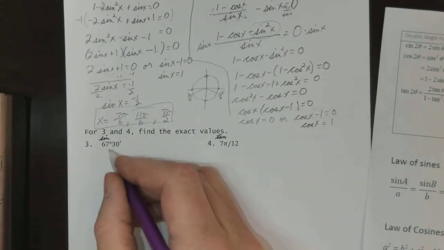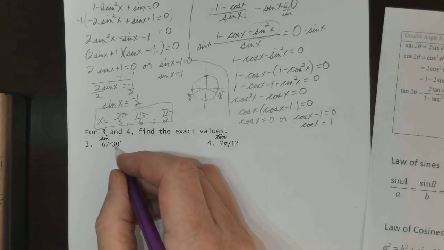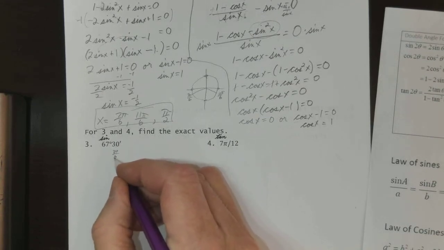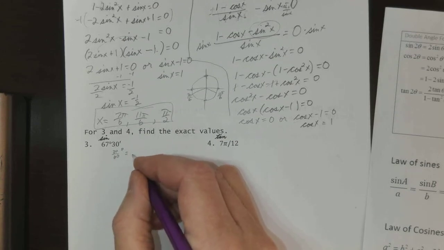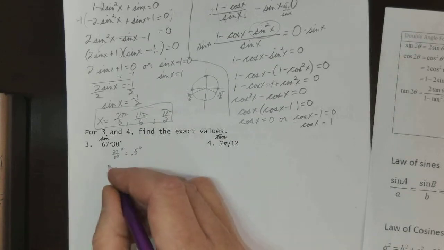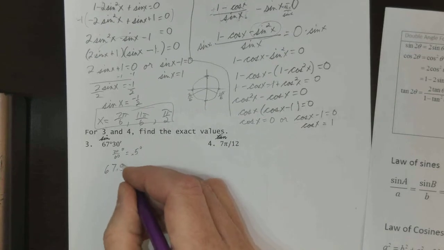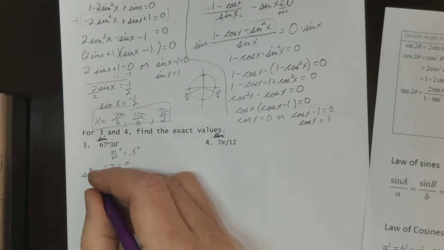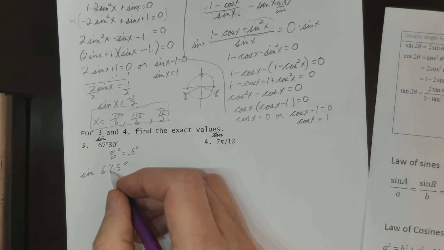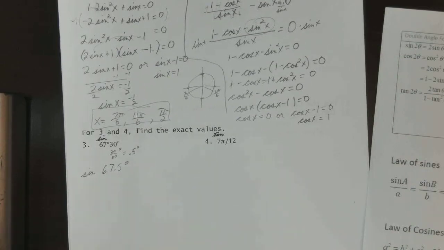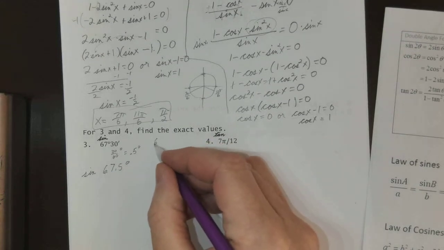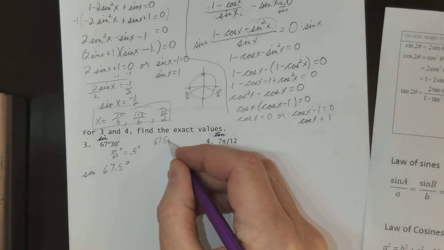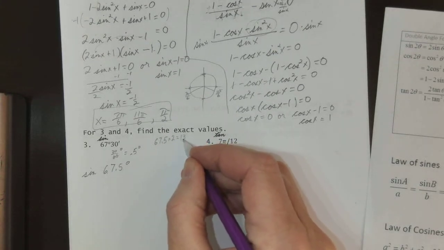All right. 30 minutes is 30/60ths of a degree, which is 0.5 degrees. So we're talking 67.5 degrees that we're trying to find the sine of. And if I were to double that, 67.5 times 2 is 135.